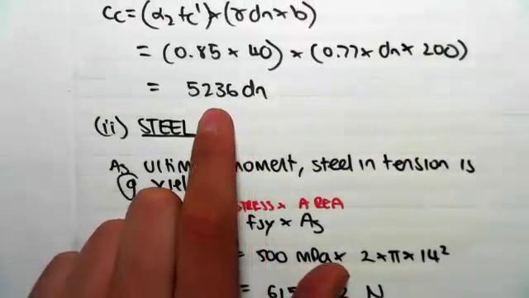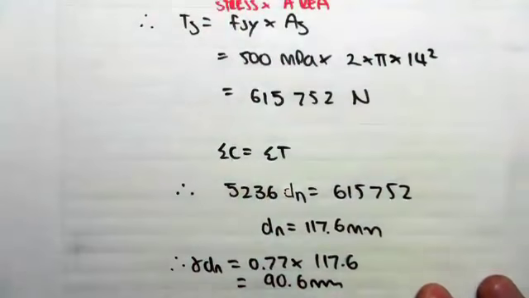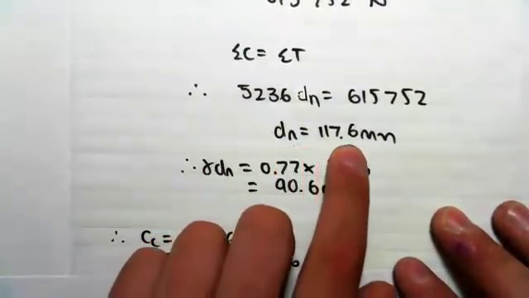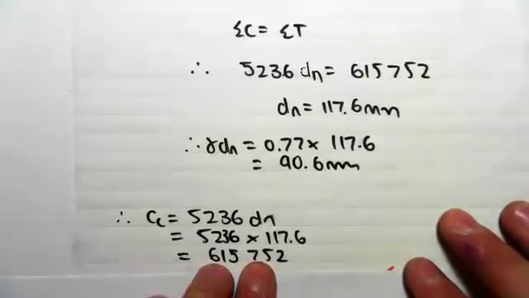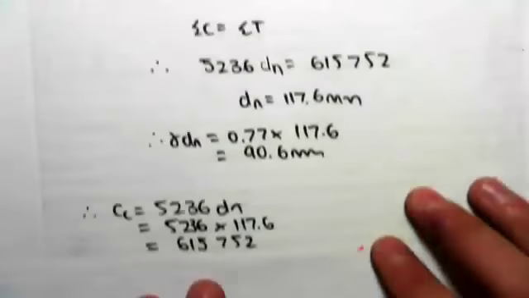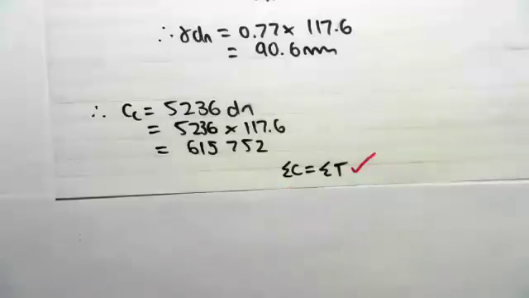So the compression in the concrete will be 5236 times dN, which dN is now 117.6. So solving this, we'd get 615,752, which is the compression in the concrete, which is the same as the tension in the steel, which it has to be.